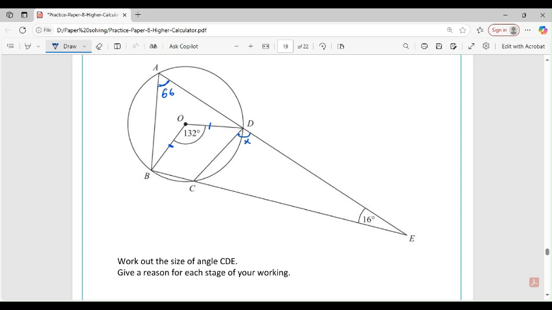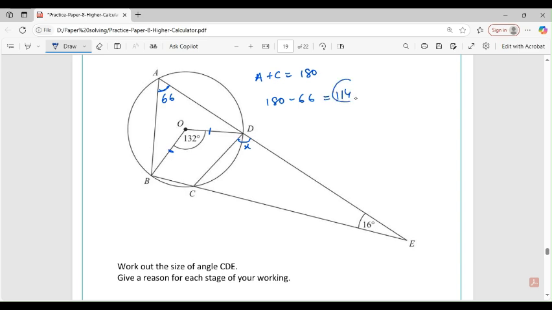Now you should know very well that angle A plus angle C is equal to 180. So 180 minus 66 should give you 114. So this angle is 114.